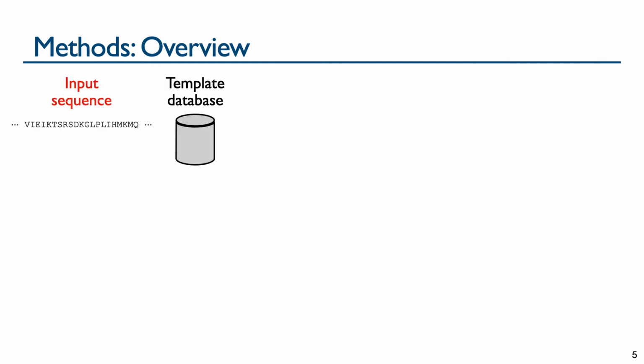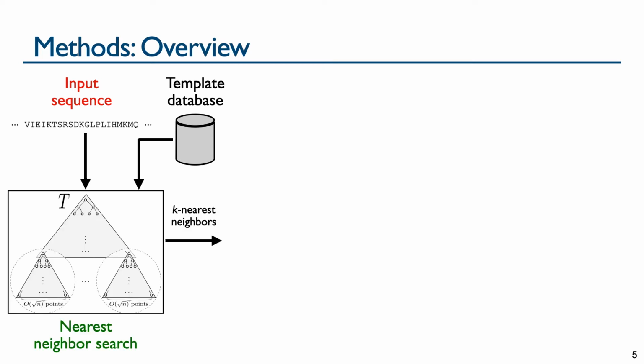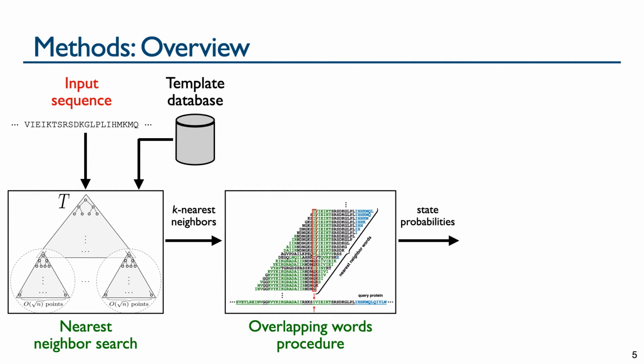Next, we'll give an overview of Nnessy's prediction process. Given an input amino acid sequence in our preprocessed template database, we perform nearest neighbor search on words from the input sequence to find their nearest neighbors from the template database. These nearest neighbor words are given to an overlapping words procedure that combines the secondary structure sequences from the template words to estimate structure state probabilities at residues.